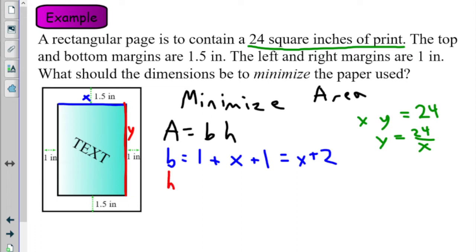Same thing for our height. To get our height, we have our margins, which is the 1.5 along the top, and then we have our y distance, and then we have our 1.5 along the bottom. So that's going to be y plus 3.